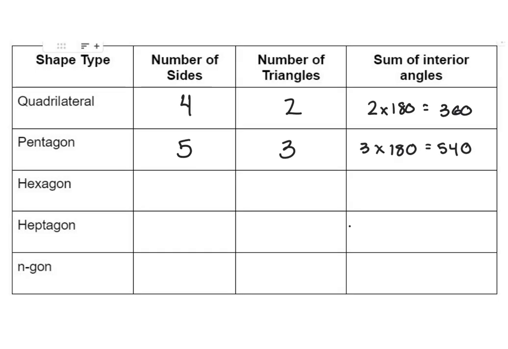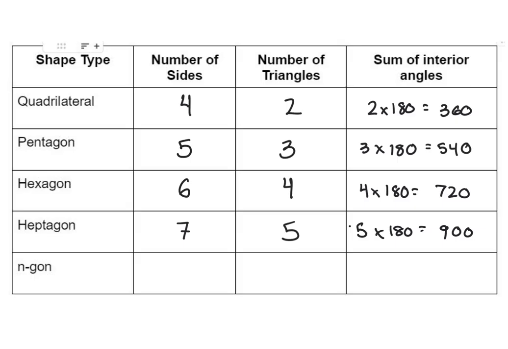A hexagon has 6 sides, 4 triangles can be formed, so 4 times 180 is 720. A heptagon, 7 sides, 5 triangles. So 5 times 180, 900 degrees of interior angle sum.